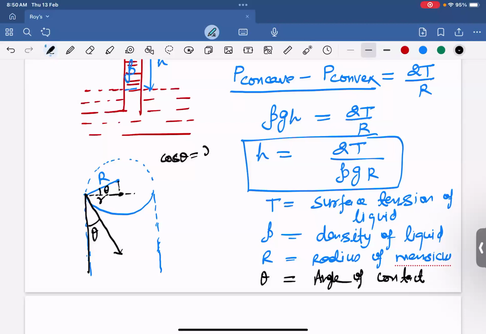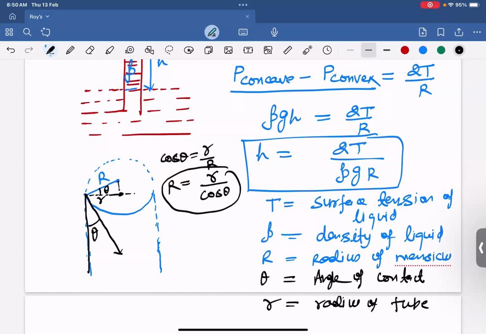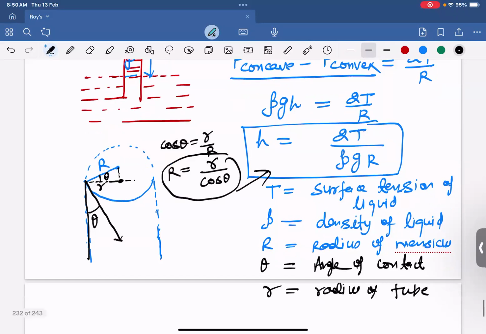Base looks like small r. What is small r? The small r is the radius of the capillary tube. Cos theta equal to base upon hypotenuse. So in place of capital R, you can use r by cos theta. And this value I am trying to put in this equation.